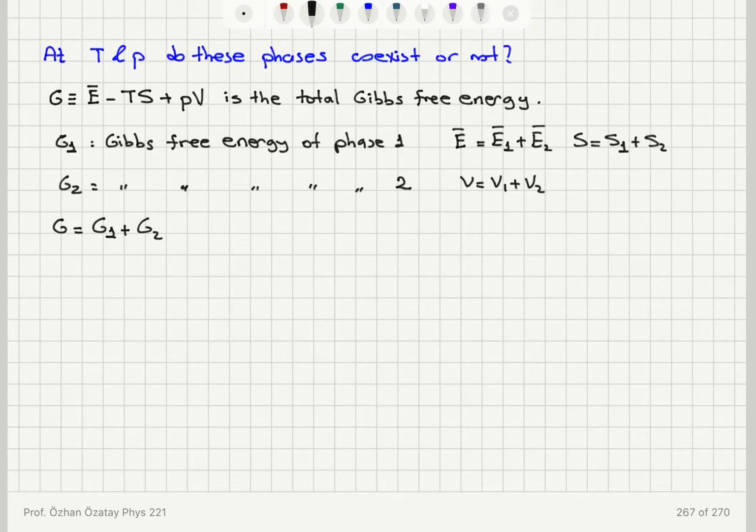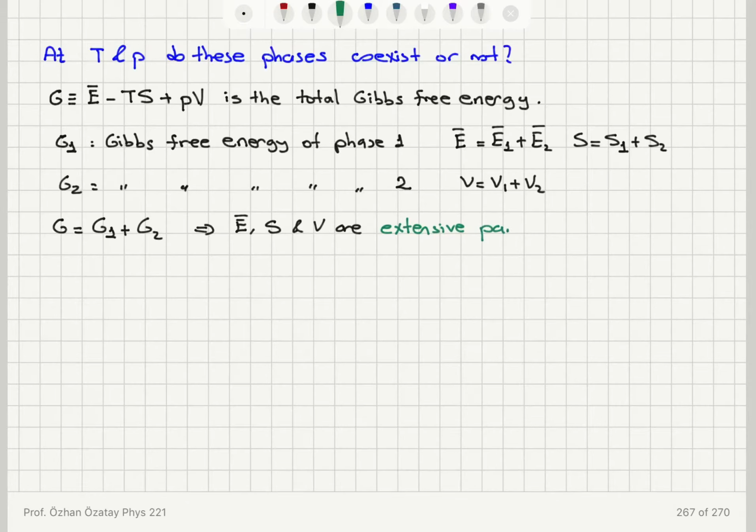So you would have E1 plus E2 bar equaling E bar, minus T times (S1 plus S2) equaling S, and plus P times (V1 plus V2) equaling V. So the total Gibbs free energy is the sum of the Gibbs free energy of the first phase plus the second phase. And this is because the mean energy E bar, the entropy S, and volume are extensive parameters.